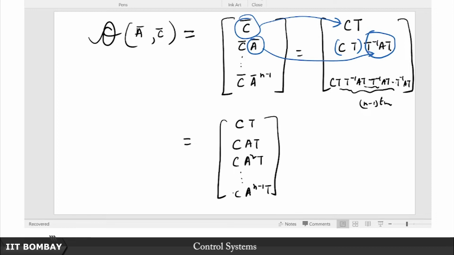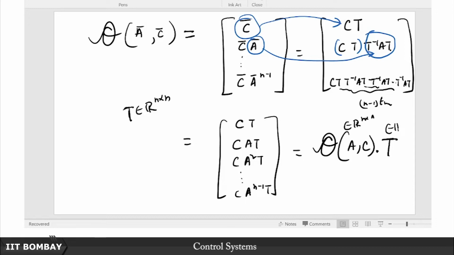Remember that this T is an n cross n matrix, so I can pull out this T from the right hand side, and what I get is the observability matrix of the original system times T. This is an n cross n matrix, and this is an n cross n matrix.